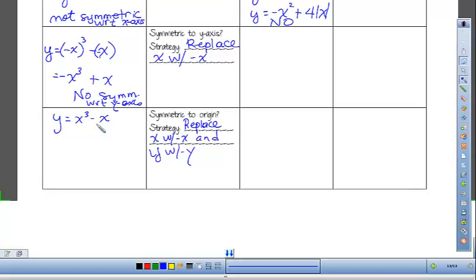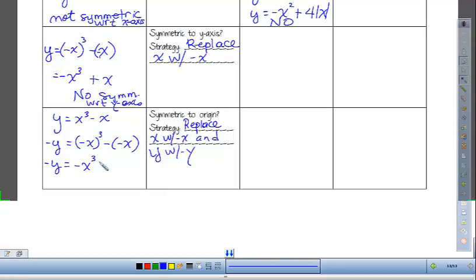So when I do my replacements, I've got negative y equals negative x cubed minus negative x. And I'm going to try to solve for y. Okay, simplified on the right side there.